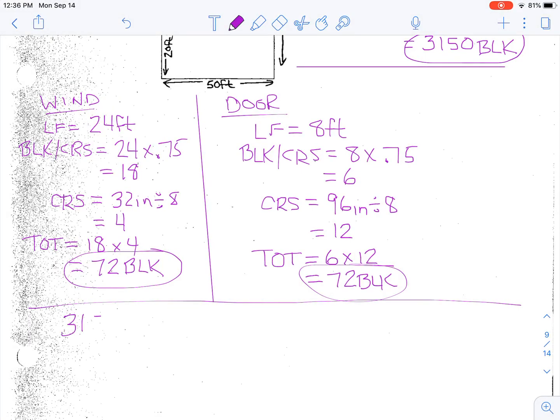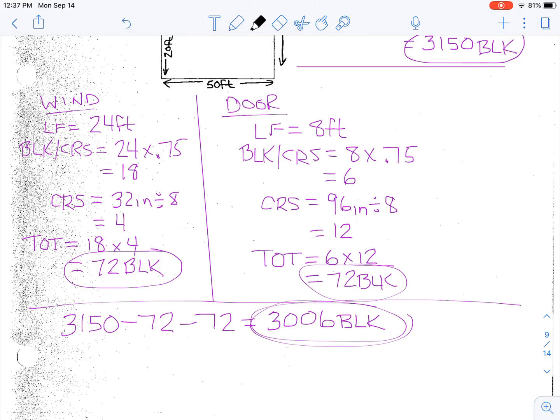So we're going to take 3,150 and subtract out our windows and subtract out our door. So for the total job, we would need 3,006 block. And that's kind of like our final answer for the block.